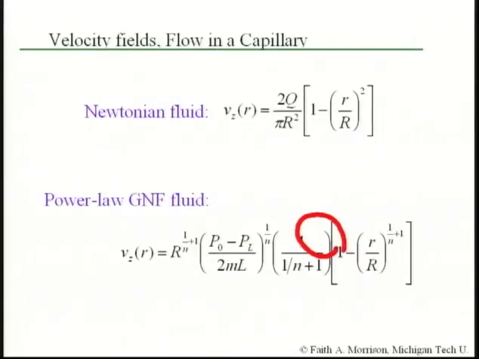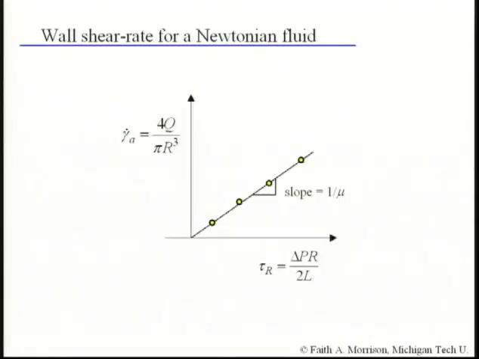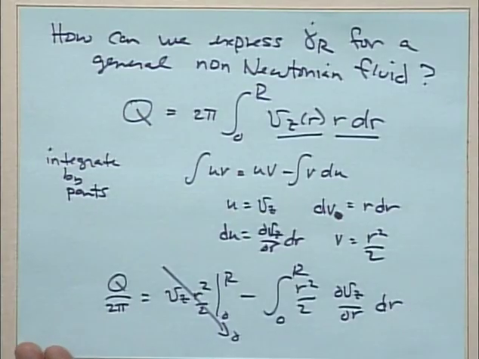The shear rate at the wall was much harder to analyze, and I spent some time on this, starting with a Newtonian fluid and a power law fluid. These solutions assume a constitutive equation, but we wanted a solution that wouldn't assume a constitutive equation, and that's what we did in class here.